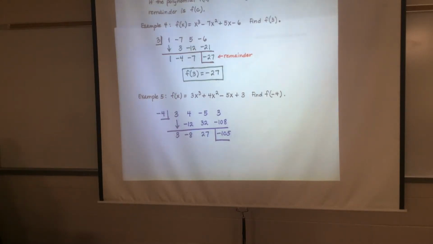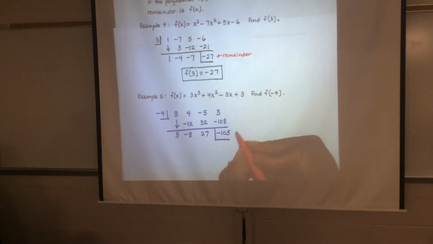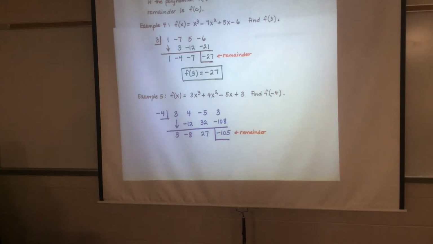So as you can see here, the last number in the last row will be your remainder. Not only that, that is going to be the value of this function when x is equal to negative 4. So here, f of negative 4 will end up being negative 105. Okay.